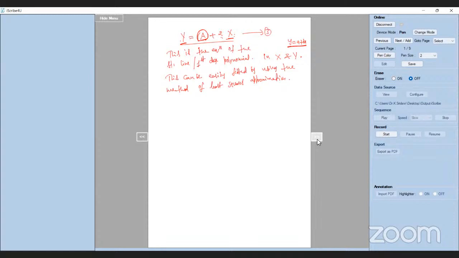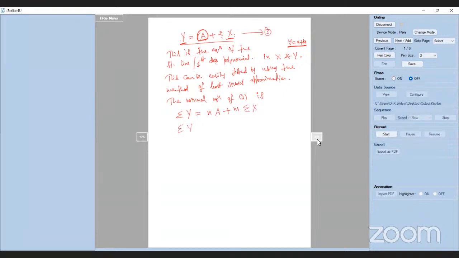So for this equation, what is the normal equation? The normal equation of equation 3 is summation capital Y is equal to N into capital A plus M into summation X. According to our given data, N equal to 4, and M from the problem is 2.